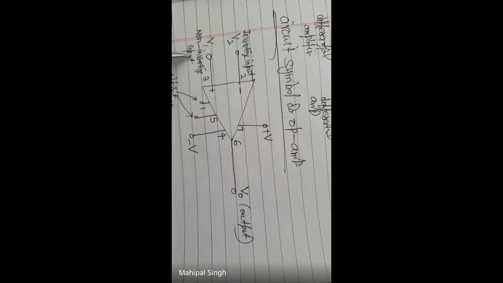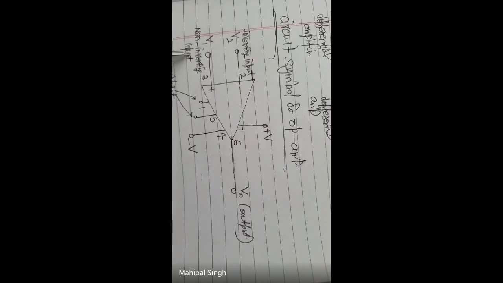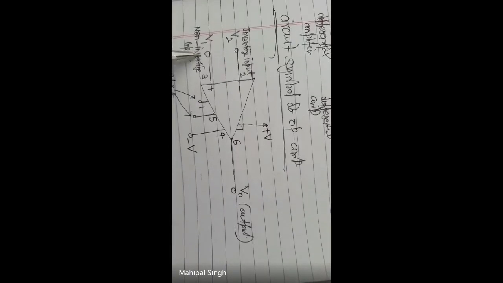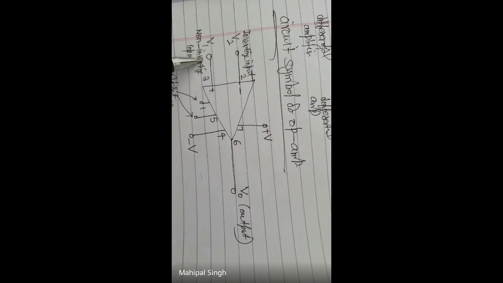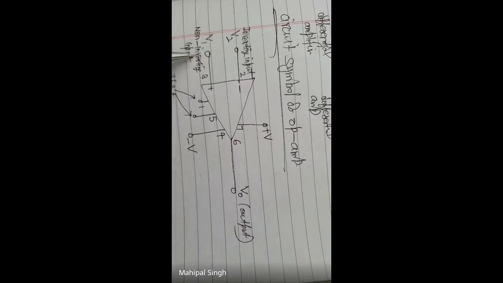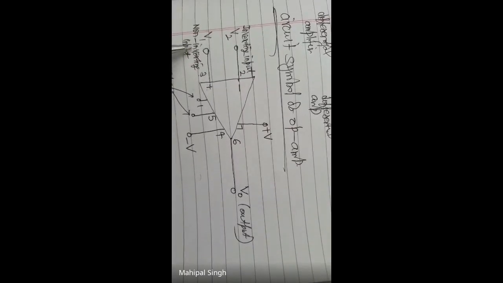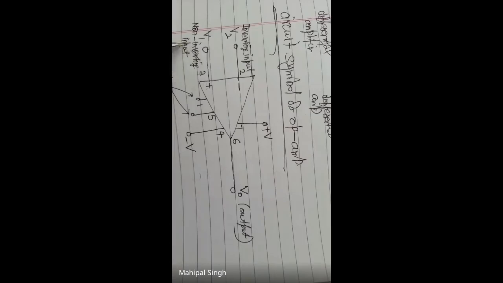The word inverting means that if a signal is applied to the inverting terminal of the operational amplifier, it appears at the output with a phase difference of 180 degrees. There will be a 180 degree phase shift or opposite polarity.